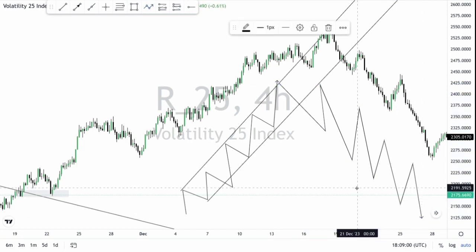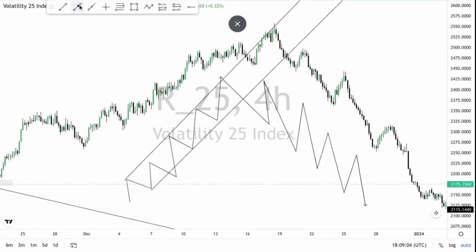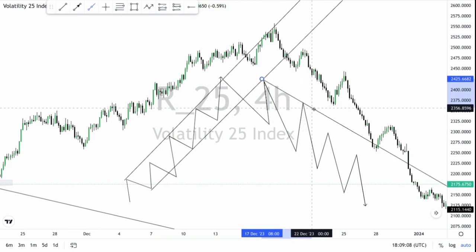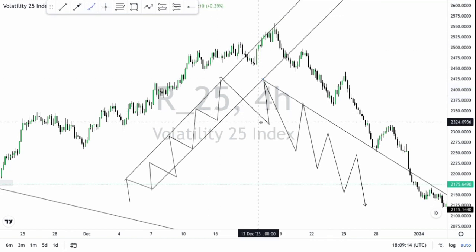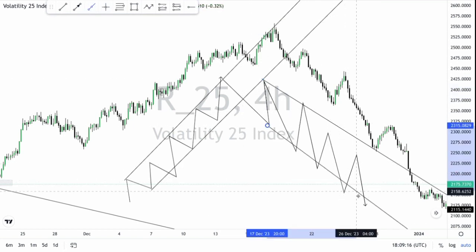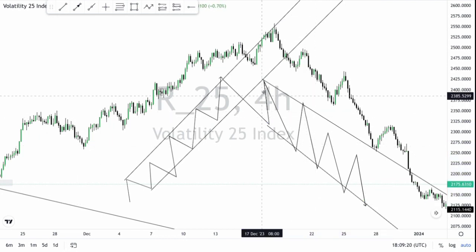If the market is now on a downtrend like this, you can also draw your trend lines again like this, and the market will be moving within this trend.